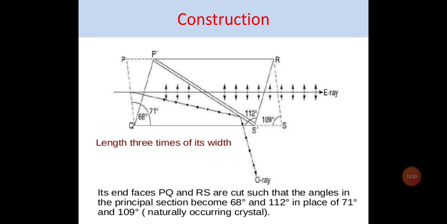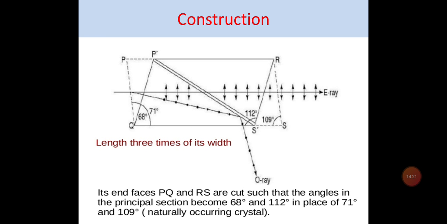So we have the transparent substance which is having the refractive index midway between the refractive index of ordinary and extraordinary ray. I have just told you that a material which is having the refractive index midway between O ray and E ray is known as Canada balsam, we use that material here. So these two pieces are joined by using that material.